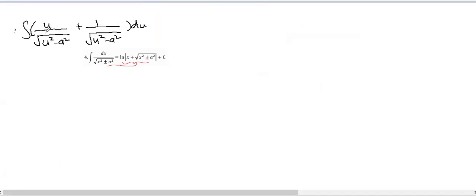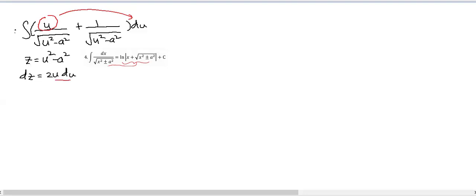Power formula. So, let's use a different variable. So, let z, okay? So, dito, we let z be equal to u square minus a square. Ano yung dz natin? 2u du. Yan. The remaining part is u du. Okay, u du. So let us solve for the value of this.